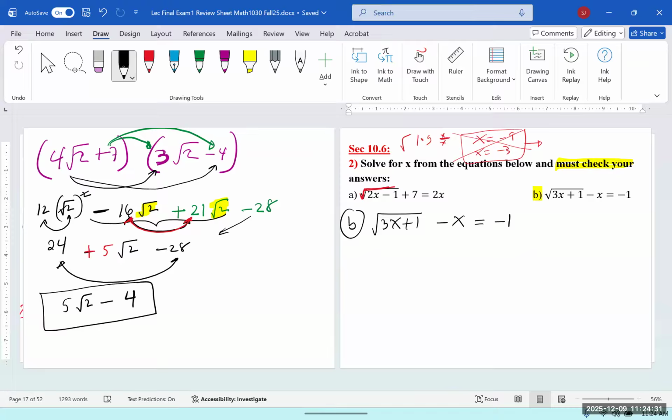And in the final, there will be actually 2 of my classes together. So there will be a mismatch. You may not be able to sit next to your friend. So don't rely on your friends. Study on your own. I mean, study together, but make sure to be independent.